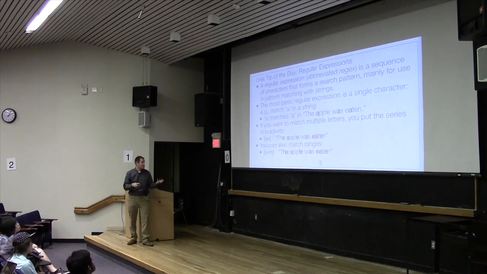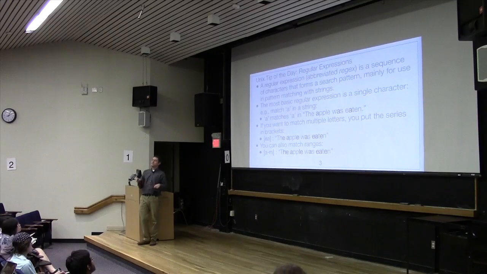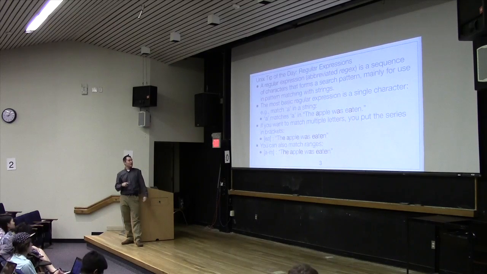Fairly straightforward stuff. If you want to match multiple letters, you'd put the series in a little bracket, and that would say match either A, E, or A. You can put anything in there, 1, 5, 7, whatever your match is, and it finds them all in brackets.